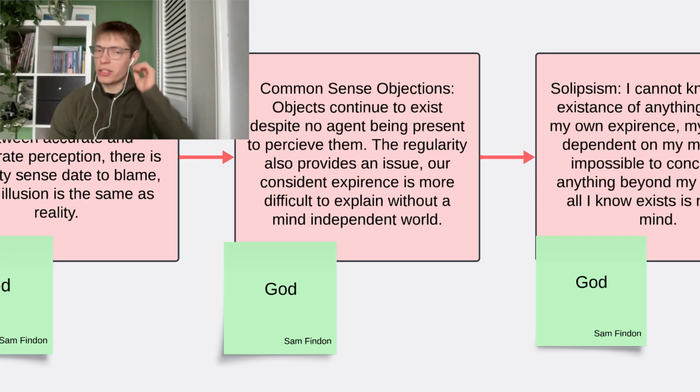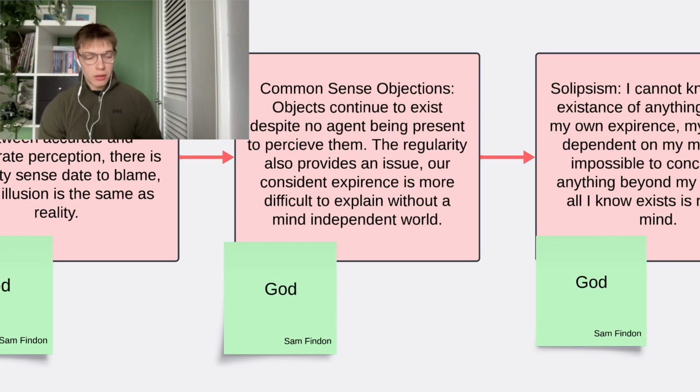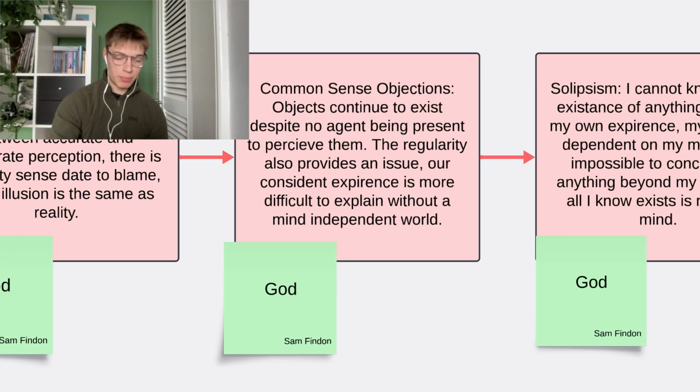And for some, that is a completely unacceptable position to be in. Not a problem for Berkeley because he solved solipsism, the common sense objections, and the issue of non-veridical perceptions with God. And how does he do this? Well, we can understand God as being the all-powerful, ultimate perceiver, the perceiver of all things.